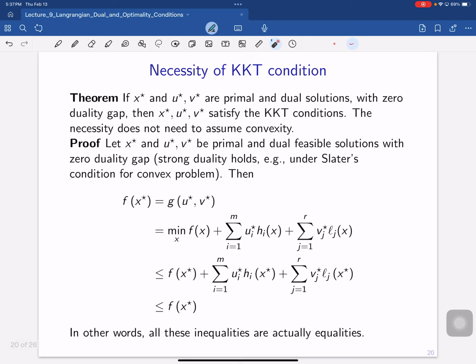Because we want to show the KKT condition is both necessary and sufficient under some conditions, let's first show the necessity of the KKT condition.